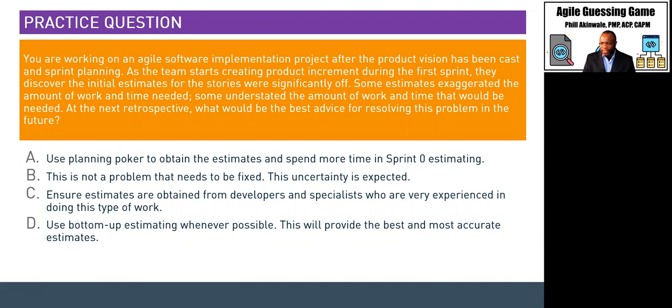As the team starts creating product increment during the first sprint, they discover the initial estimates for the stories were significantly off. Some estimates exaggerated the amount of work and time needed. Some understated the amount of work and time that would be needed. At the next retrospective, what will be the best advice for resolving this problem in the future?